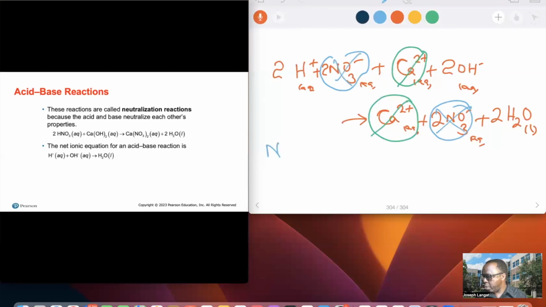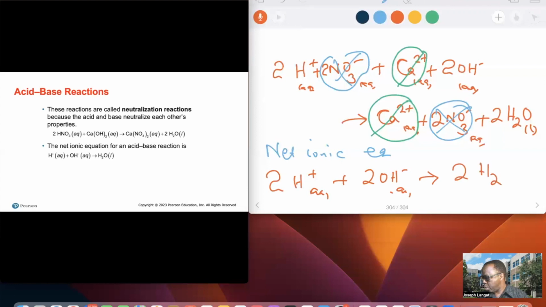So the net ionic equation generated from here is what remains: 2H positive aqueous plus 2OH negative aqueous going to 2H2O, this is liquid. And since you divide everything by 2, this will cancel out, and that's where we end up.